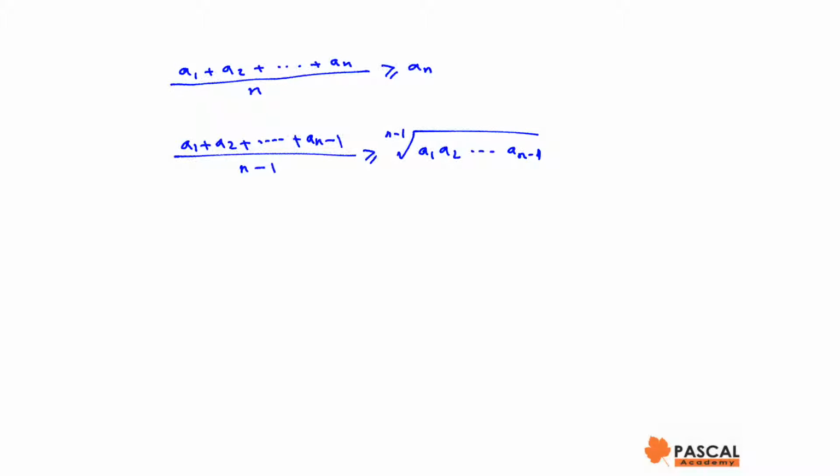We multiply both sides of this inequality by n. a1 plus a2 plus ... plus an is greater or equal than n times an. We bring an to the other side and divide it by n minus 1. We have (a1 plus a2 plus ... plus a(n minus 1)) over n minus 1 is greater or equal than an.